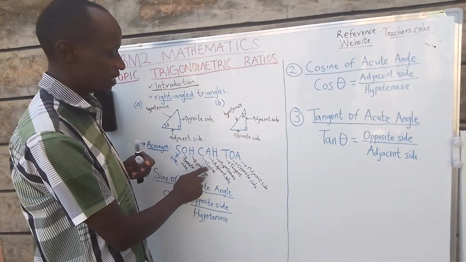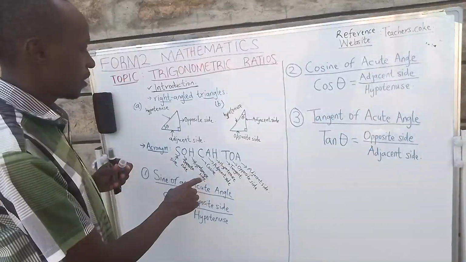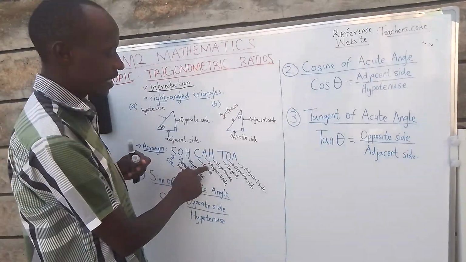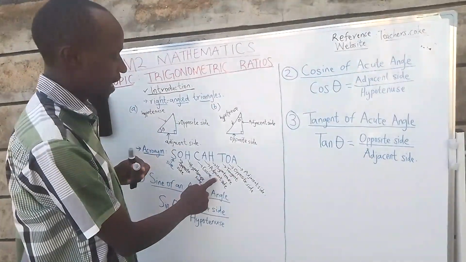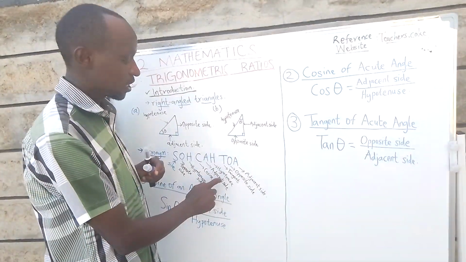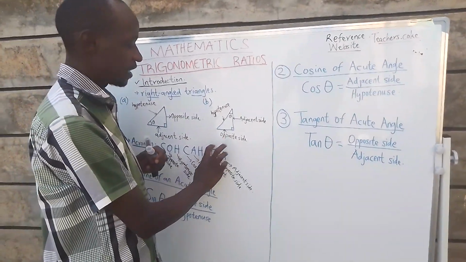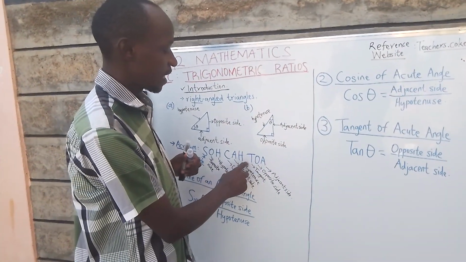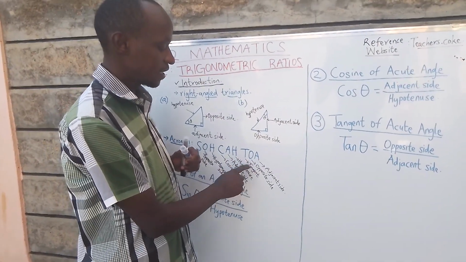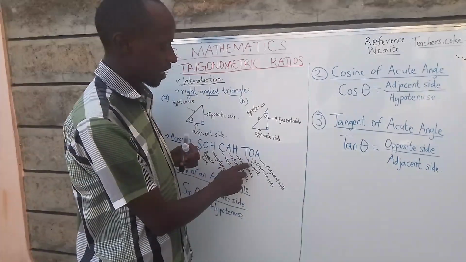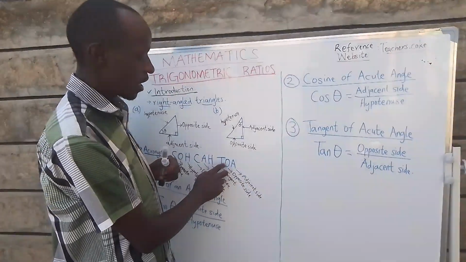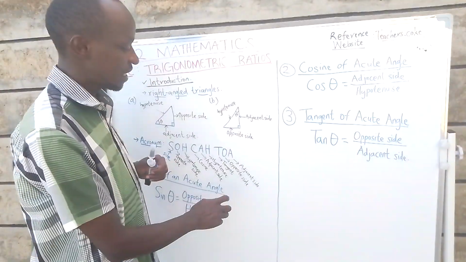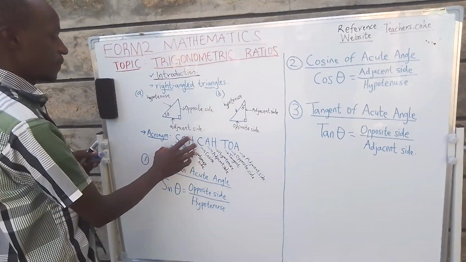C stands for another trigonometric ratio known as cosine of an angle, A stands for the adjacent side, H stands for the hypotenuse side. T is another trigonometric ratio known as tangent. So T stands for tangent of an angle, O stands for the opposite side, A stands for the adjacent side.